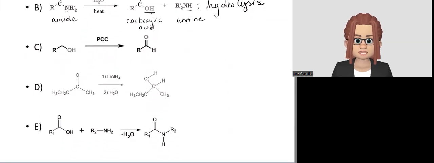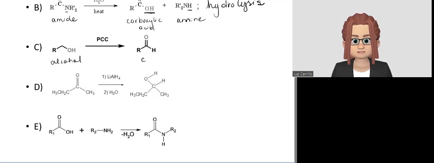We see that we have an alcohol, and then we see that the product is an aldehyde. And previously, we determined that when we have alcohols forming aldehyde, that is called an oxidation reaction.